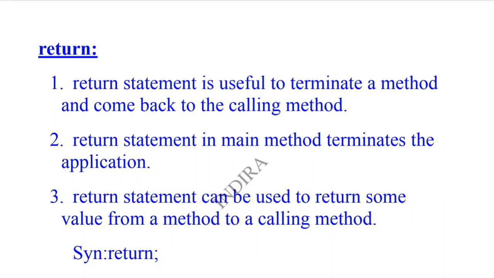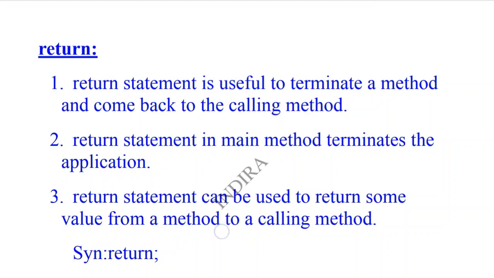So here we can simply say one thing by observing these three statements. The return statement is used in between the calling method and the main method, and the return statement is used in the main method to terminate the application, and it comes back to the calling method.